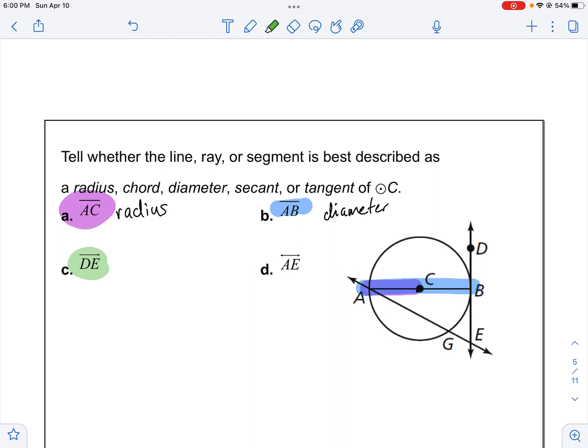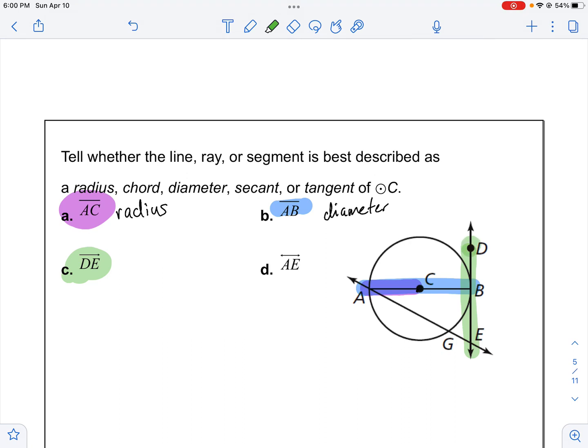Then we have DE, ray DE. And it wants to know, is that a radius, chord, diameter, secant, or tangent? Okay, we know radius goes from the center to the edge. Okay, that doesn't go through the center. A chord goes from edge to edge. Well, there's a problem.